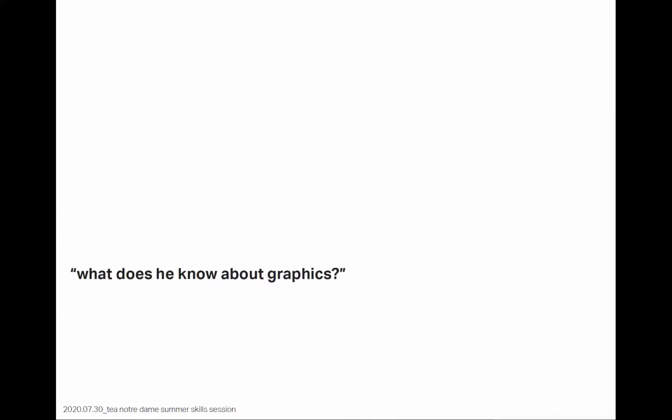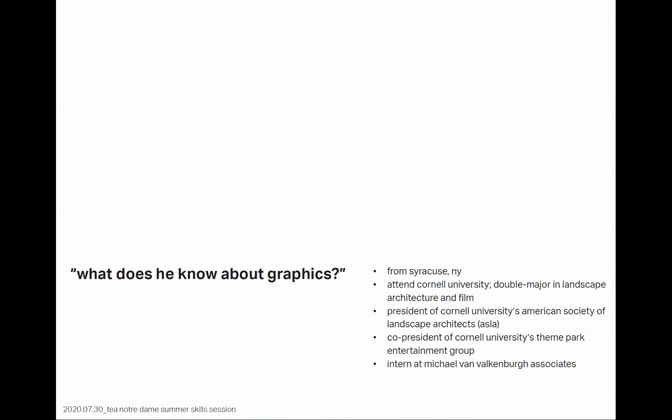So you may be wondering what I know about graphics, or specifically, what can I teach you about graphics? To answer those questions, I thought I'd tell you a little bit about myself to begin with. I'm from Syracuse, New York. This fall, more or less, I'll be entering my junior year at Cornell, and I'm double majoring in landscape architecture and film.